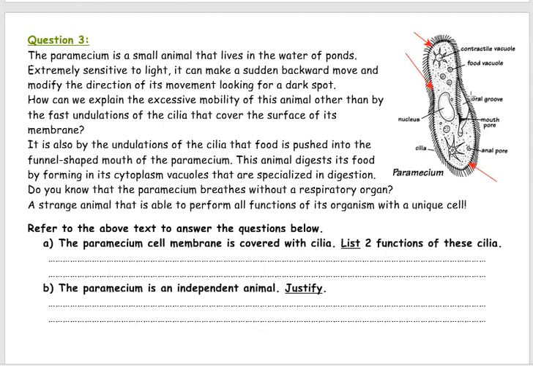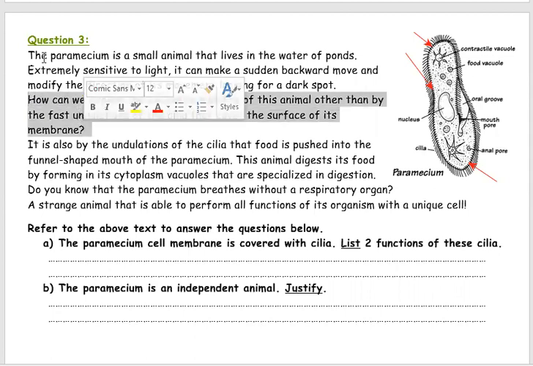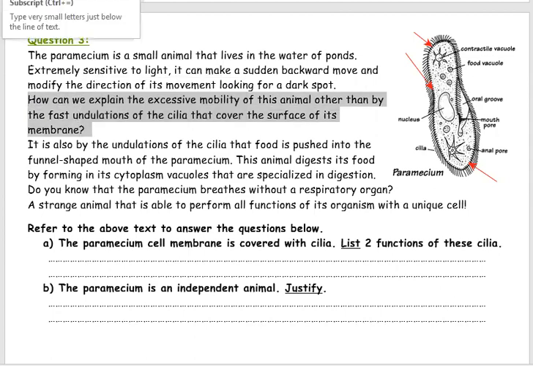What are two functions of these cilia? Let me show you this in the text. In this part, they are saying, how can we explain the excessive mobility of this animal other than by the fast undulations of the cilia that cover the surface of its membrane?